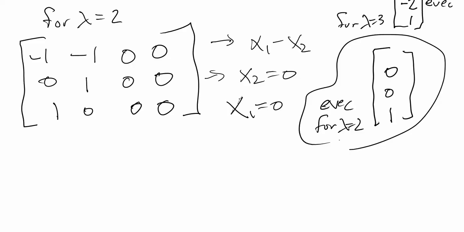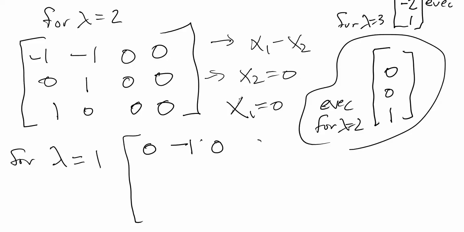And now we have one more eigenvector to solve for. So for lambda equals 1, we get the system of equations 1 minus lambda, or 0, minus 1, 0, 0. The next row we have 0, 3 minus lambda. And in our last row we get 1, 0, and then 2 minus lambda, 2 minus 1, or 1.